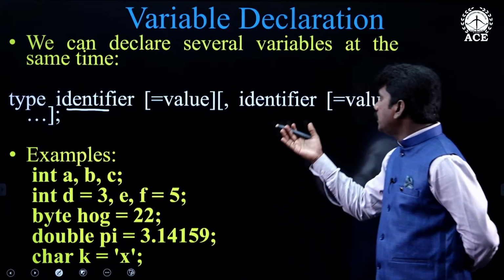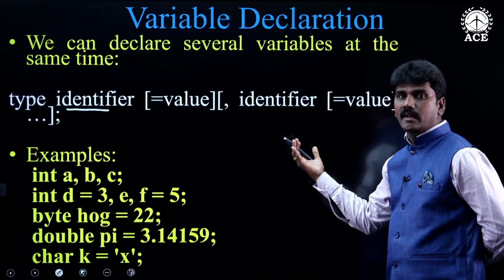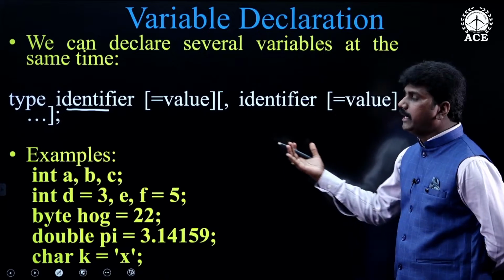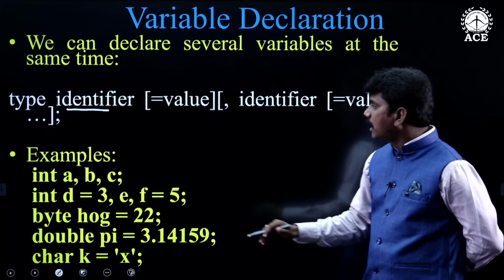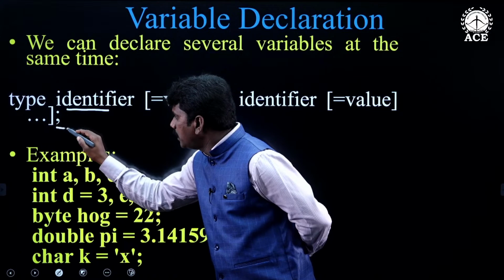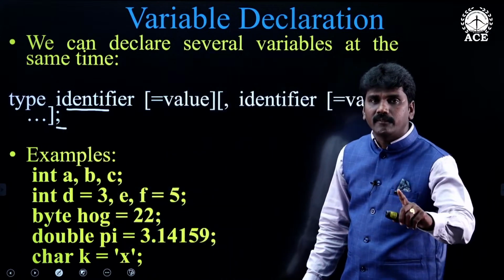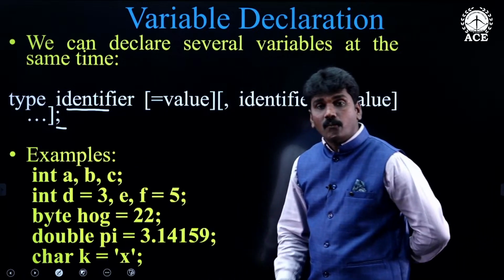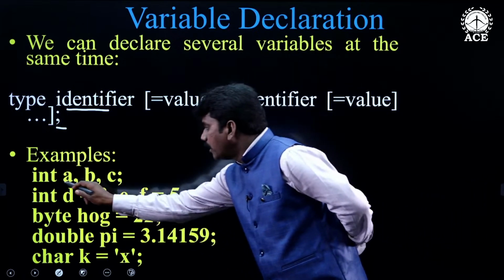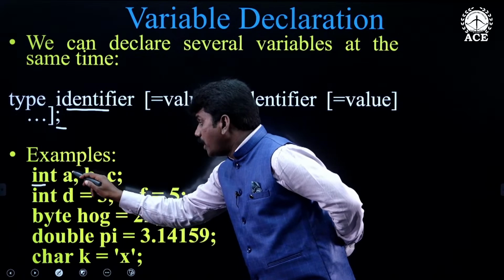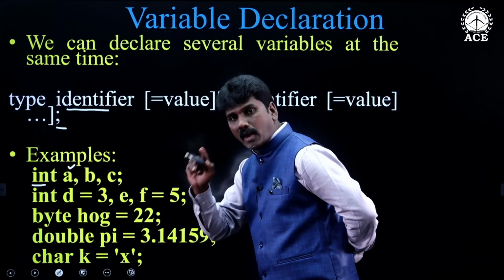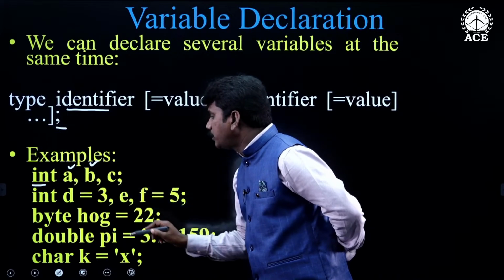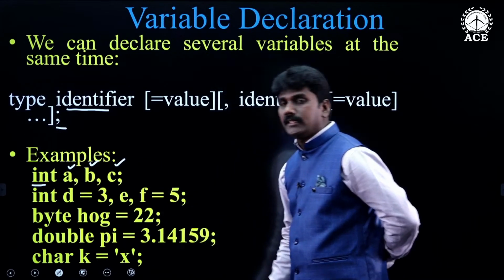Second, whether you can take a second variable or not: we can take a second variable also, and like that we can take n number of variables, and finally the variable declaration is terminated with a semicolon. Now if we see the examples: data type, variable name 1 or identifier 1, second one identifier 2, third one identifier 3.